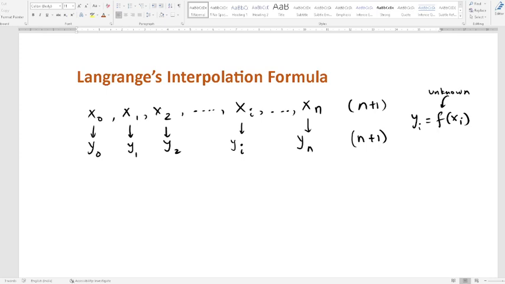But based on the values x0, x1, x2, and so on up to xn, we want to find out what y is, when y is f of x for some given x. So let's say small x is given, what is y? That is the question that we are trying to answer.